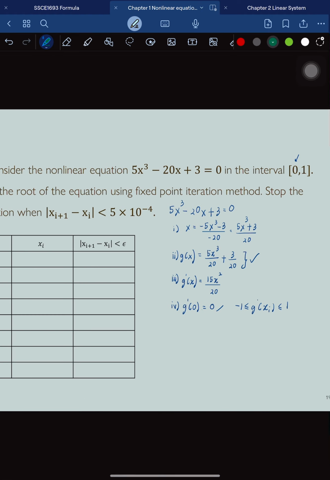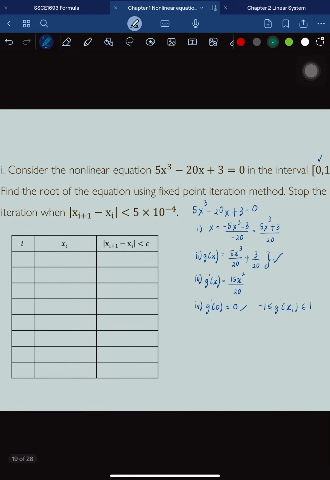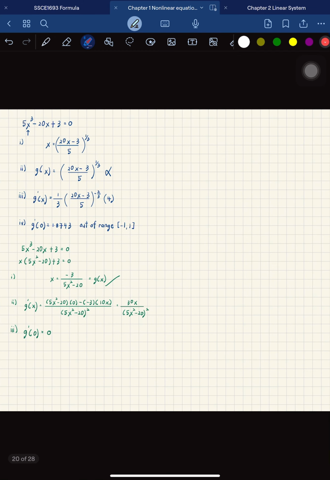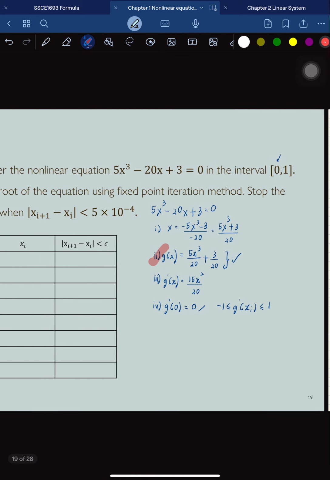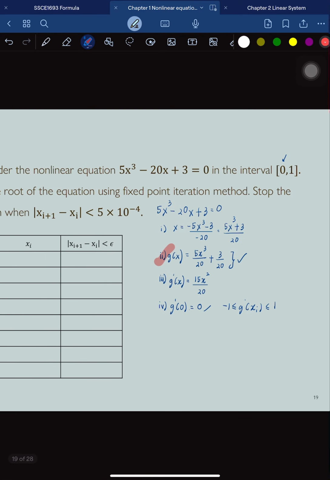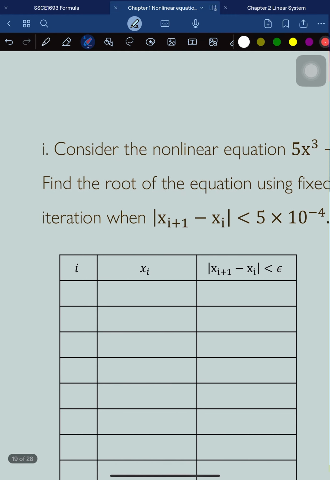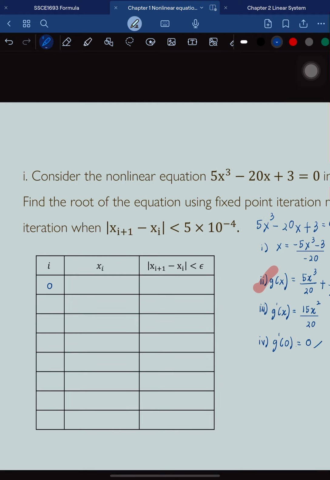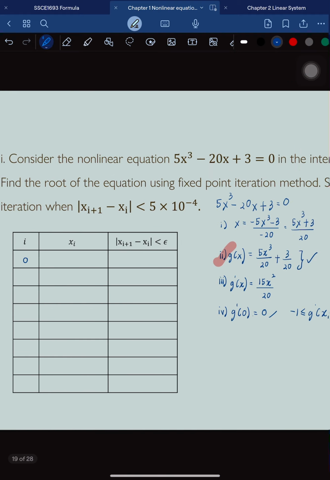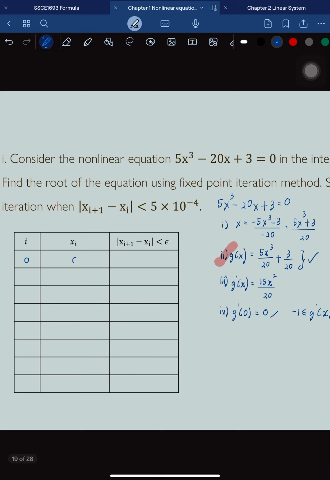Alright, okay, so back to the example. So let's say, actually you can choose two. It's either you want to choose this g, or you can use this g. Okay, but let's say I just want to focus on the first g, this g. Okay, so first iteration, so our x naught is equal to 0.